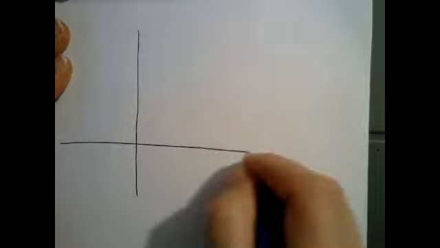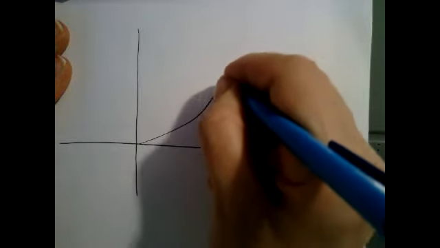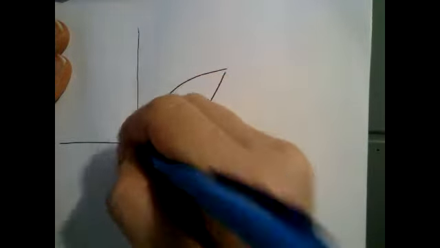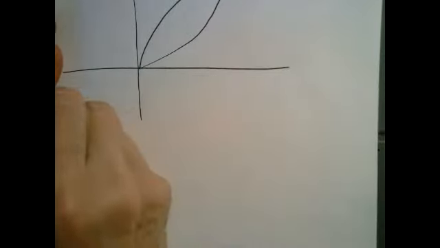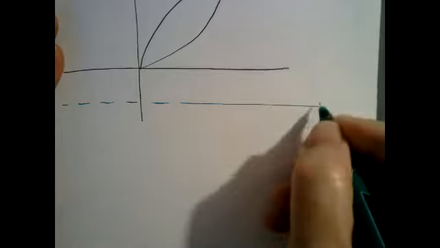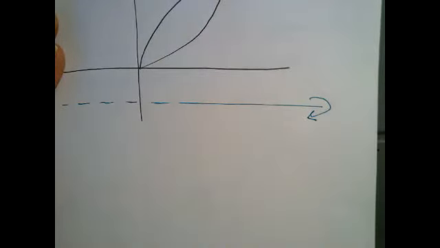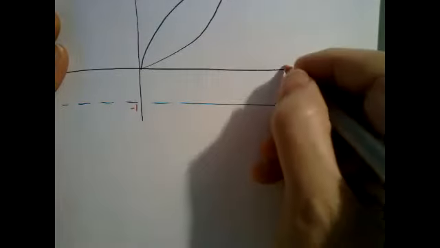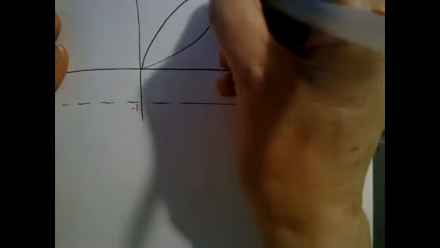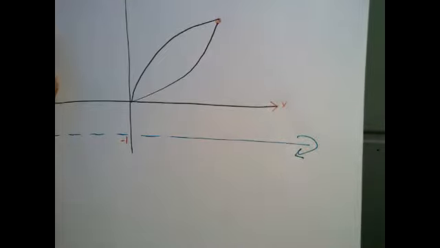So this is my curve. Okay, and this is my line. That's the rotation. This is -1. And this is the x-axis. Okay. And I will do exactly the same.